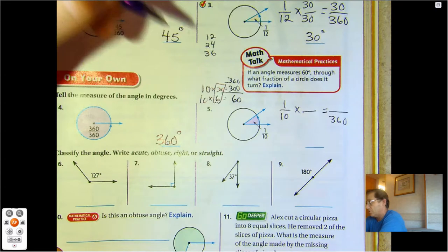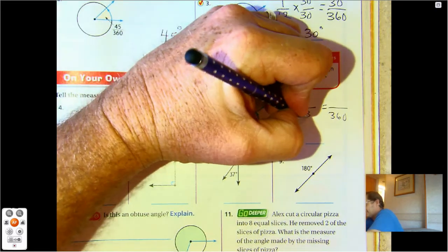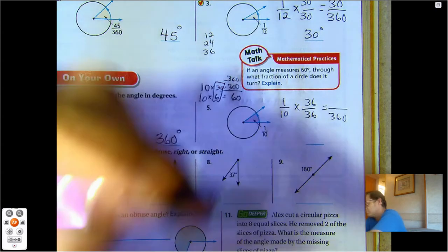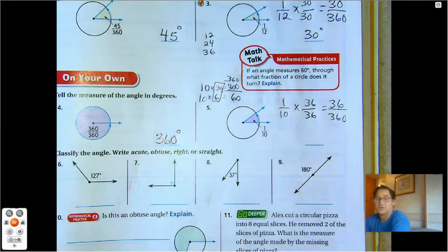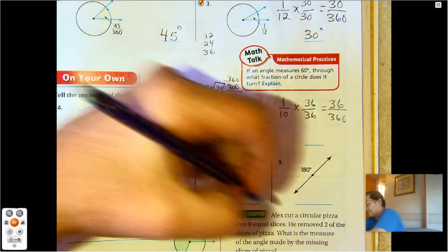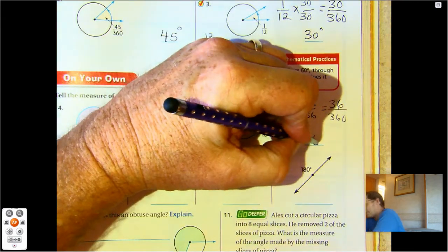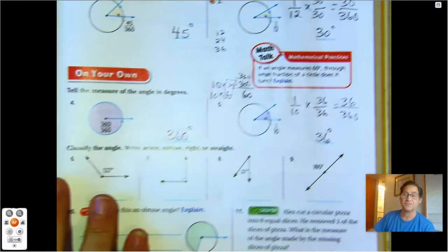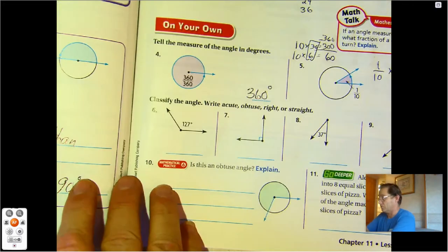Okay, so 36. If I multiply 10 by 36, I can turn it into 360ths. So 1 times 36 is 36. 36 degrees. Don't forget your degree sign or symbol.